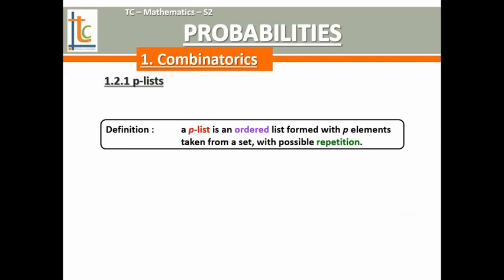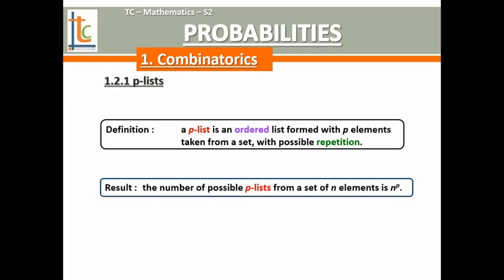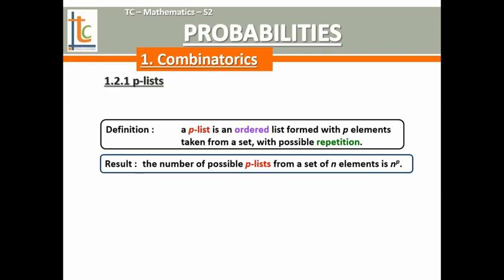So let's sum up. A definition of p-lists. A p-list is an ordered list formed with p elements taken from a set with possible repetition. So you've got in this definition order and repetition. Result: the number of possible p-lists from a set of n elements is n to the power of p.